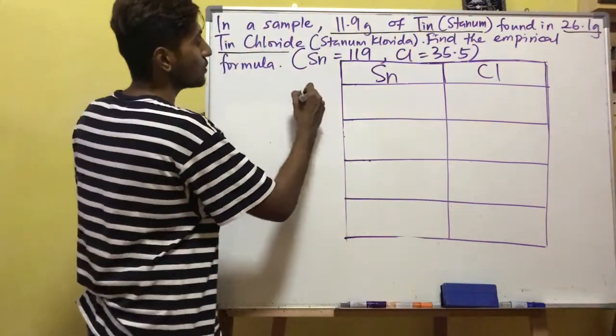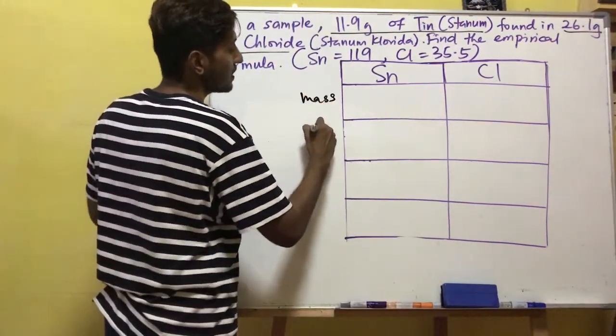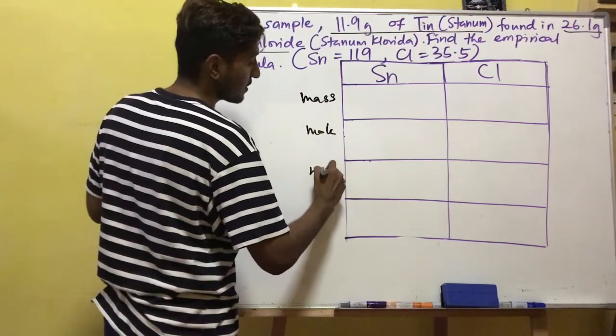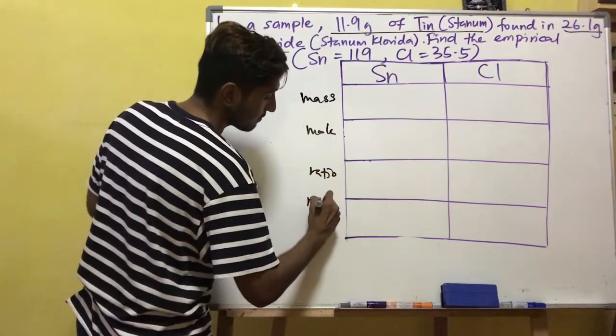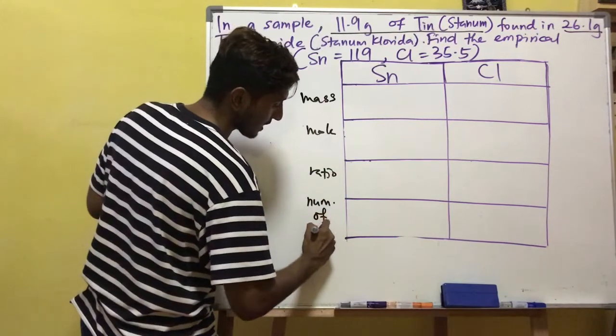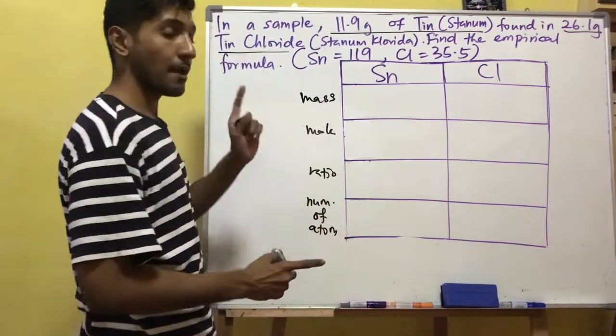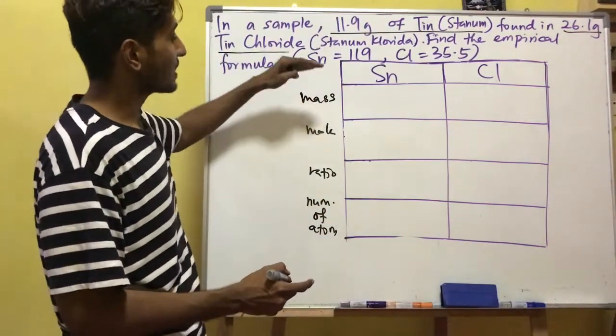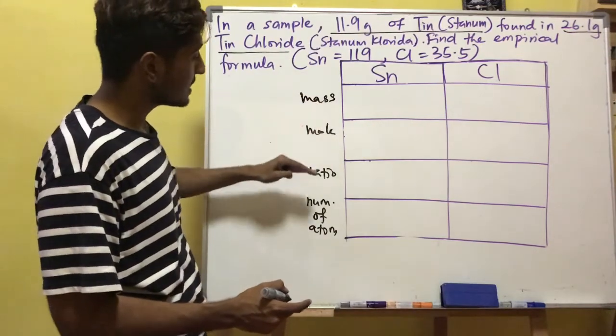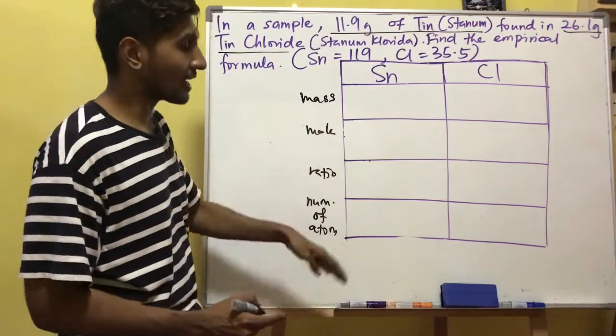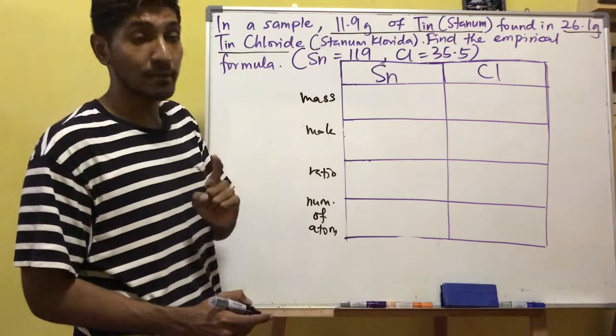So as usual, we are going to find the mass, the mole, the ratio, and the number of atom that is going to be present in the empirical formula. Maksudnya macam biasa kita kena tulis jisim, mole, nisbah dan bilangan atom yang akan ada di dalam formula empirik tersebut.